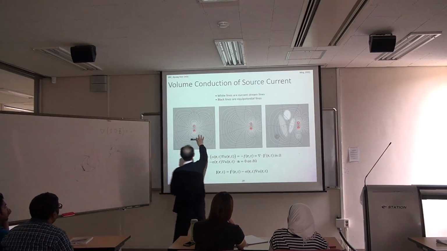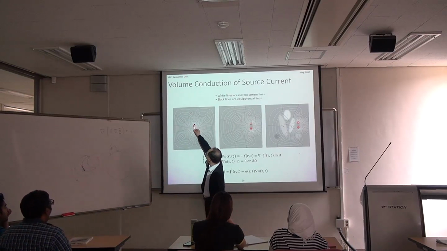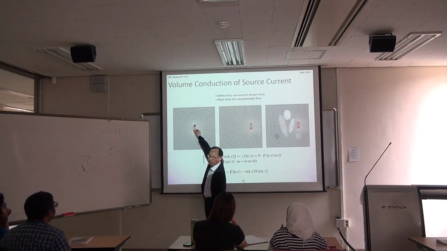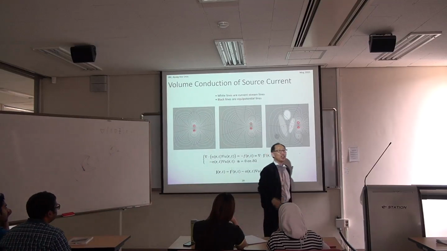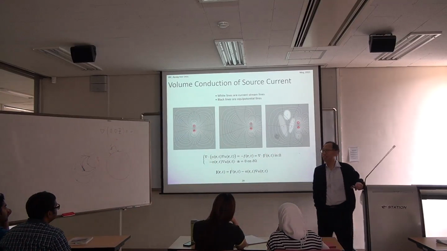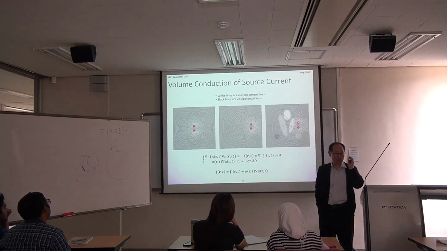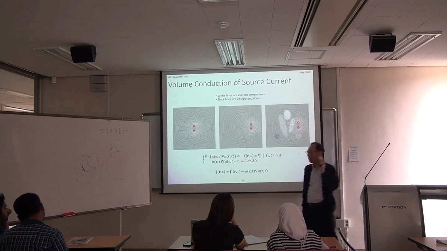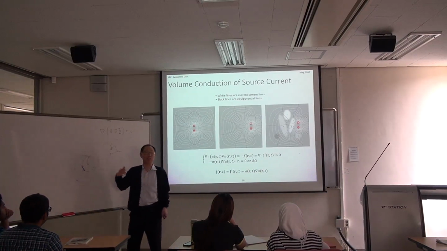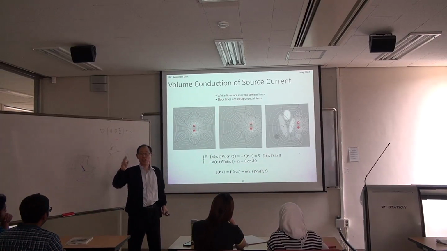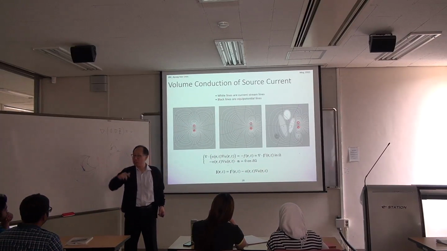So in this figure, I'm showing an equivalent dipole. And these white lines, they are not lead field. They are return current. Remember? Without injecting any current from outside, there are two kinds of current inside.